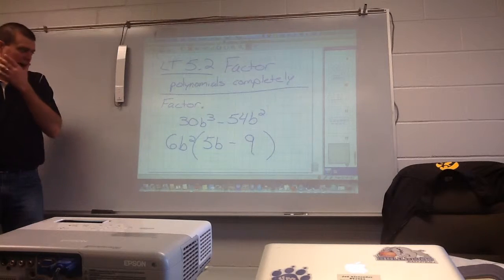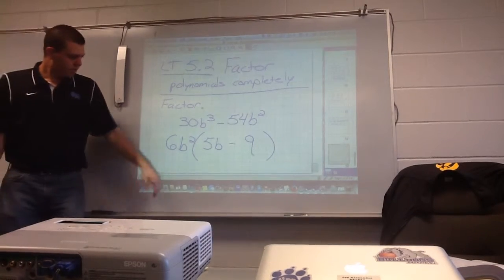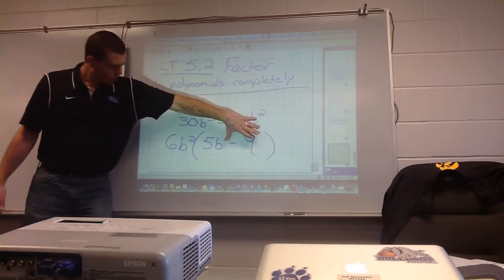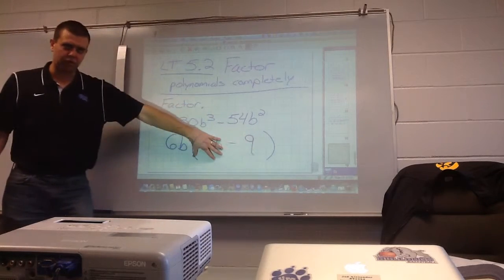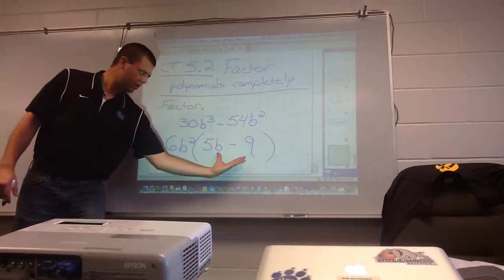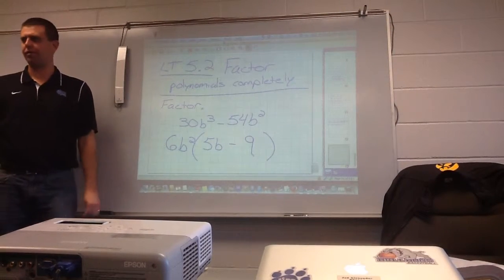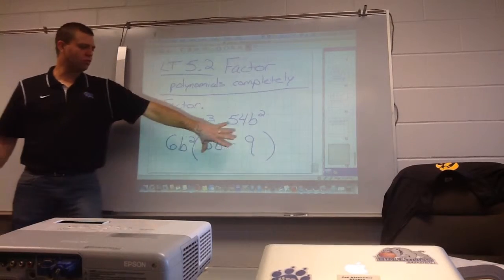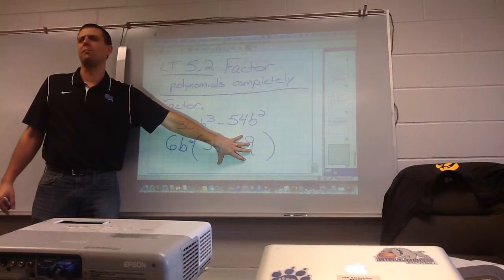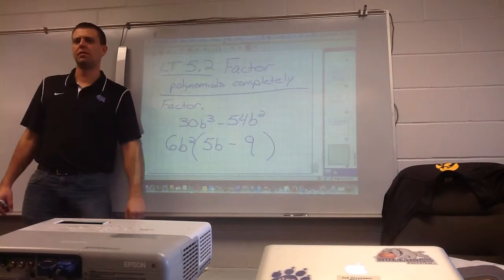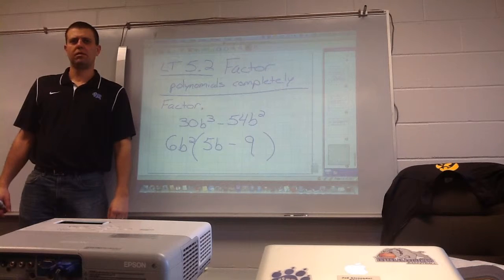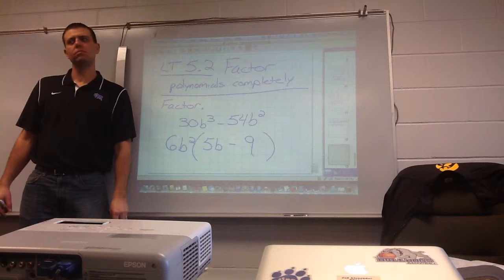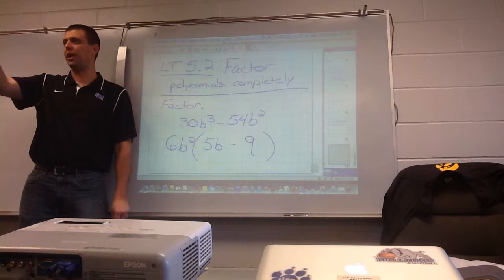How do you know you're done? Well, look at this factor that's left in the parentheses. Could that be factored any further? No, it can't. As soon as you get down to a linear factor, what do I mean by a linear factor? There are no exponents.